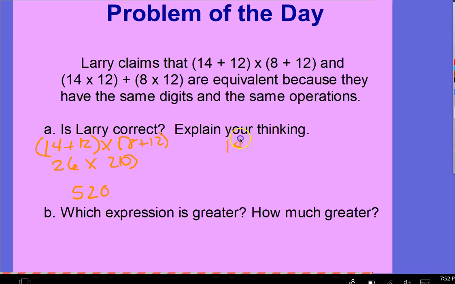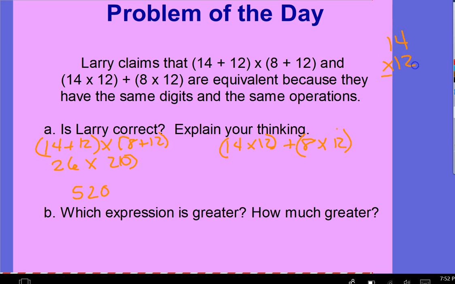My second expression is a little more challenging. If you don't know how to multiply 14 times 12, a two-digit number, it's okay. Repeated addition works the same way. So you can make 12 copies of 14 or 14 copies of 12, and it'll give you the same information.